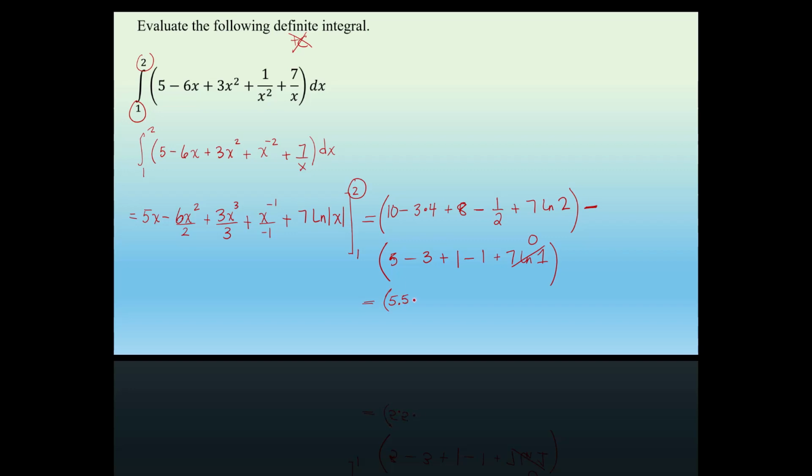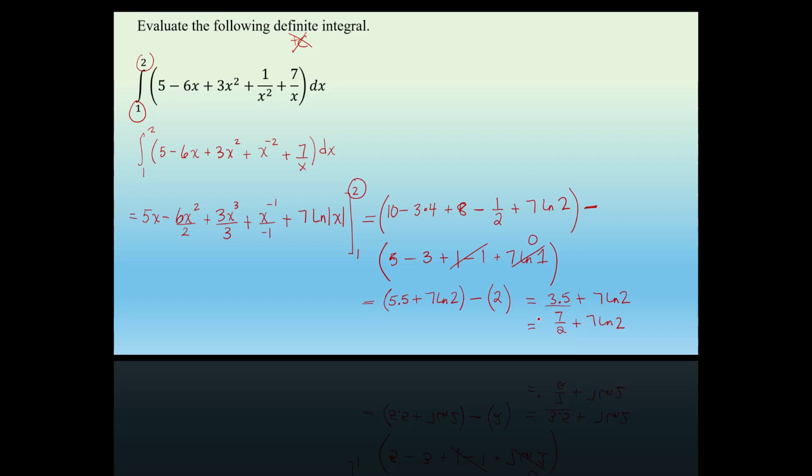Plus 7 times ln of 2 minus, well, 1 minus 1 will cancel each other out, and this leaves us with just 2. So our final answer will be 3.5 plus 7 times ln of 2. So 7 halves plus 7 times ln of 2.